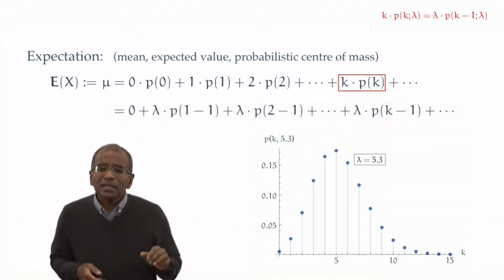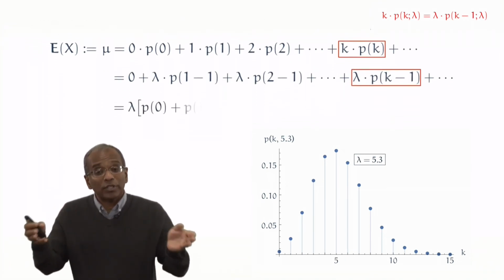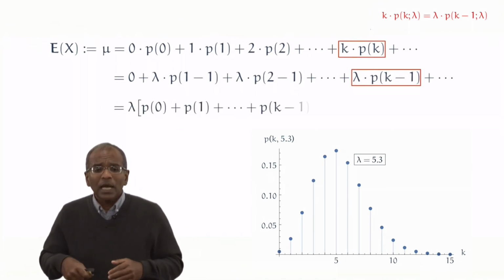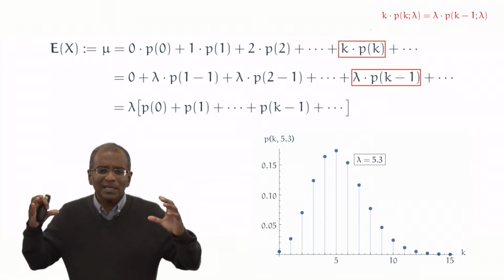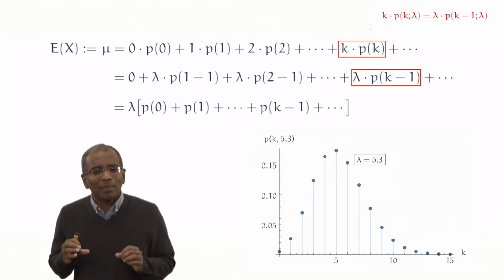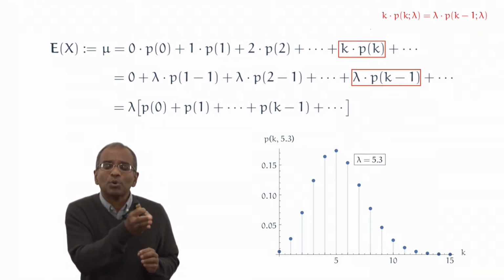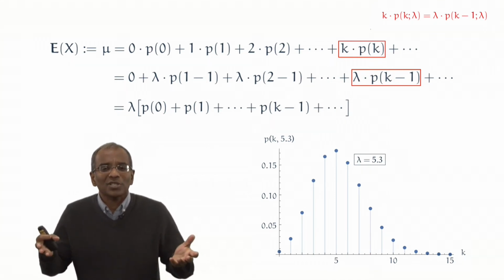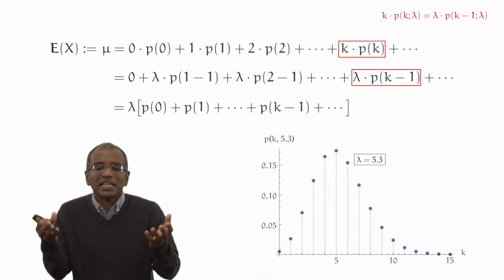Every term on the right now contains the fixed parameter lambda, which we factor out of the expression very naturally. And then what remains, we collect inside square brackets, and we realize that what is in the square brackets is a sum of all the Poisson probabilities. But of course, Poisson normalization tells us that the sum must indeed be 1.